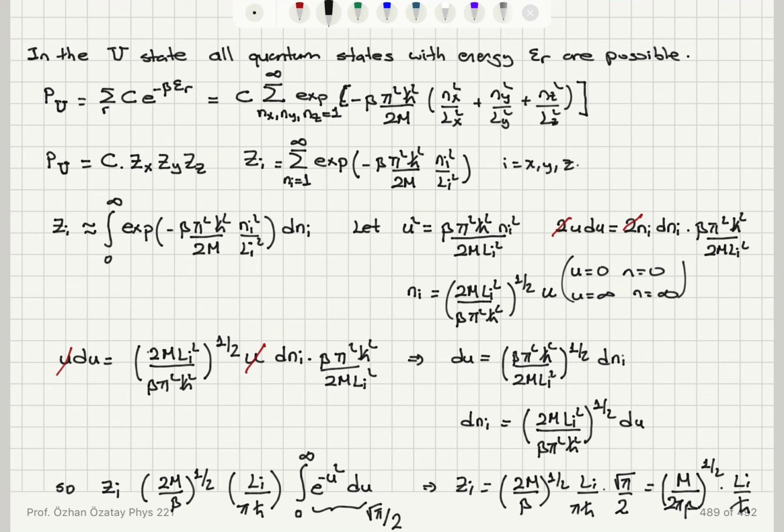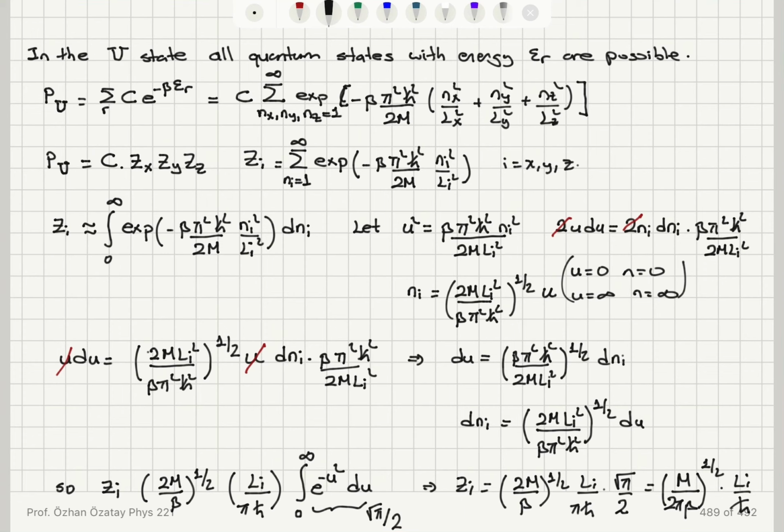So we need to look at the quantum numbers nx, ny, nz going from 1 to infinity, and calculate the corresponding canonical distribution Boltzmann factors, C times exponential minus beta epsilon_r, summed over all possible states. And I have approximated these summations using an integration, because I'm going over all possible states.